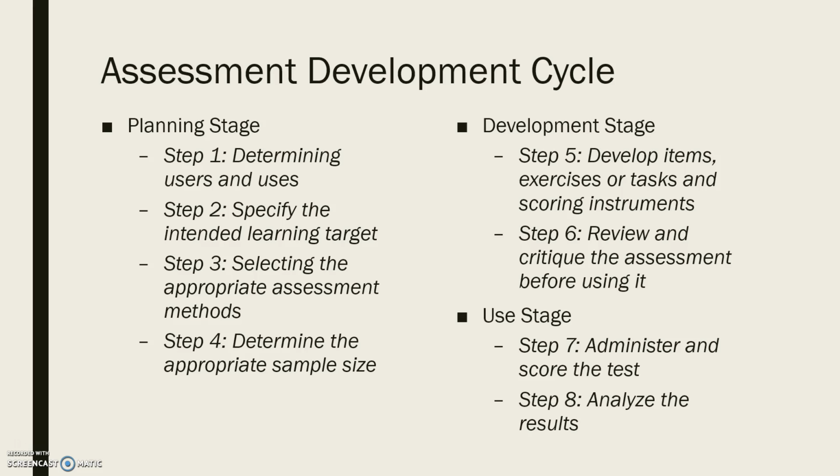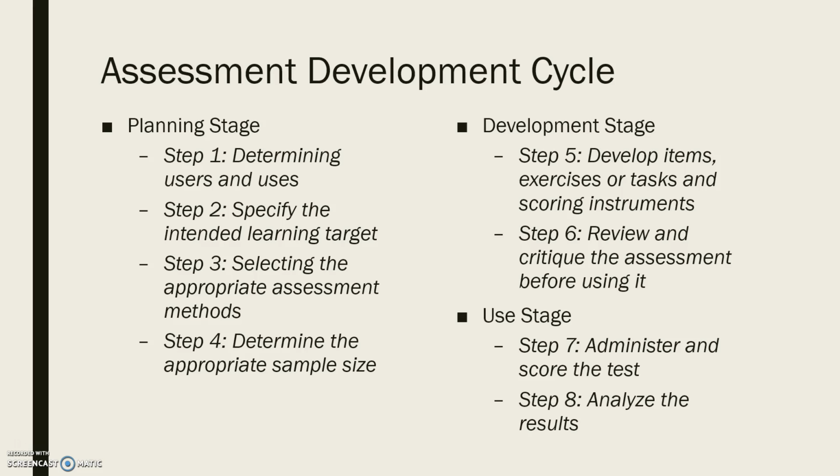The scoring instrument is a very important aspect of the assessment overall because it sets the expectations for what achievement looks like within the assessment and gives students a guide to how to successfully perform that assessment. This can manifest itself as something like a key for a multiple choice exam, a rubric for a group project, etc. Once the assessment is fully developed, it needs to be double-checked to ensure that it is fair, unbiased, and complete in step 6.